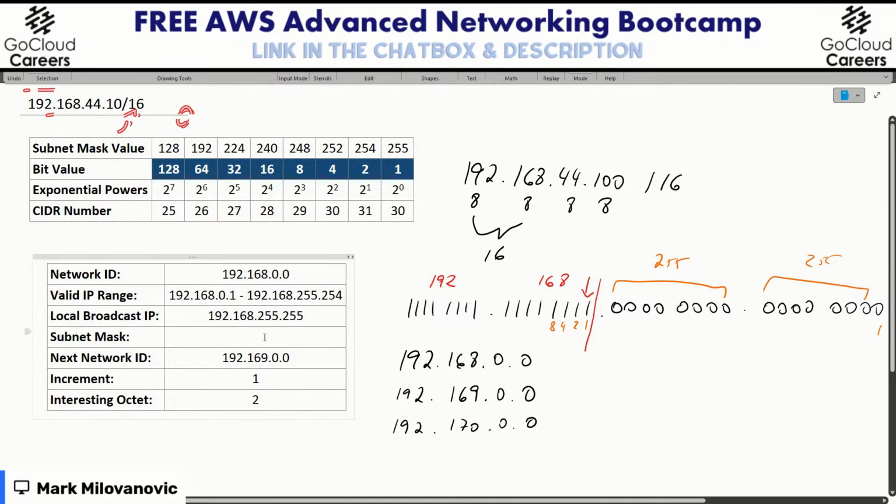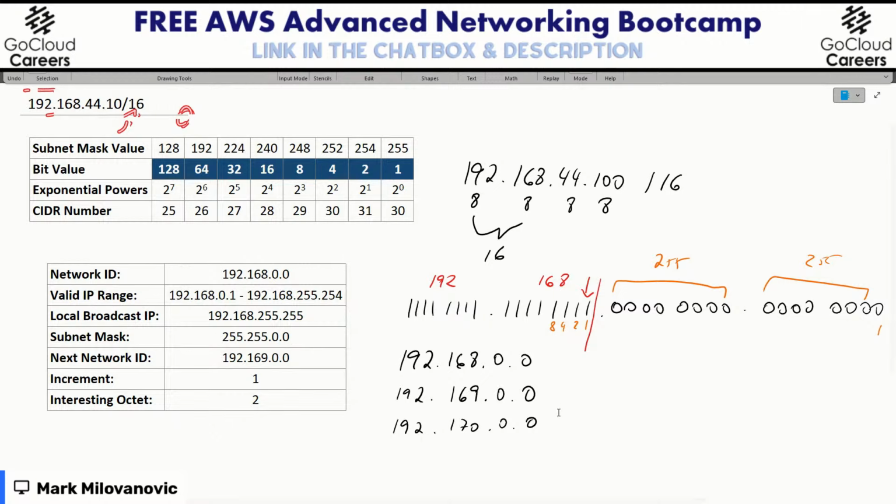And then finally, what is my mask? I have 16 ones, meaning I turn them all on in the first octet, which gives me 255. I turn them all on in the second octet because we have 16 bits, 255. The rest are off. And there you go. That's how we completed this entire section.